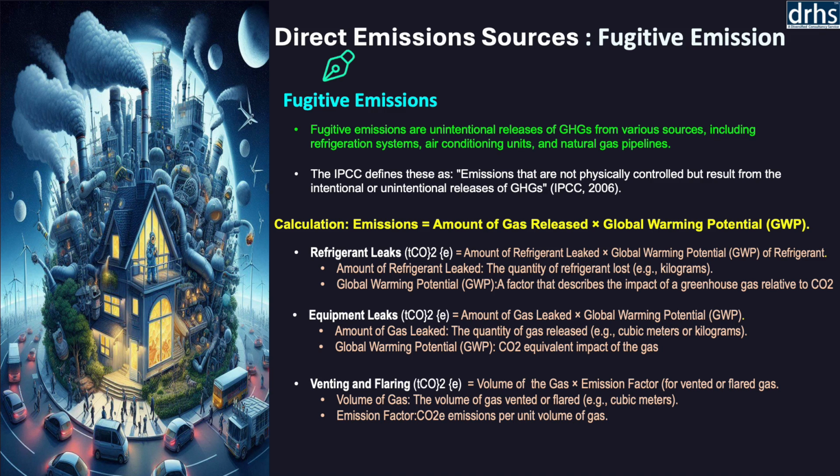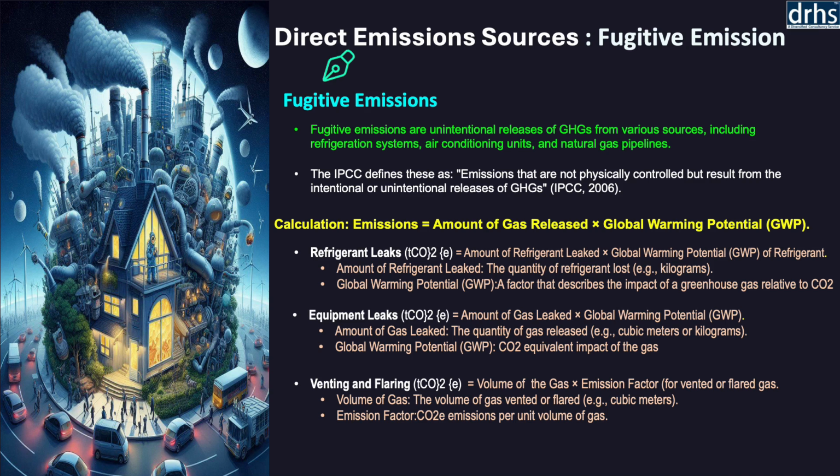The example here shows that unlike emission from combustion, fugitive emission do not result from fuel burning but rather from leaks, equipment malfunctioning, or evaporation during the handling process and storage of gas and liquids. Managing fugitive emission is challenging due to their often invisible and unpredictable nature.